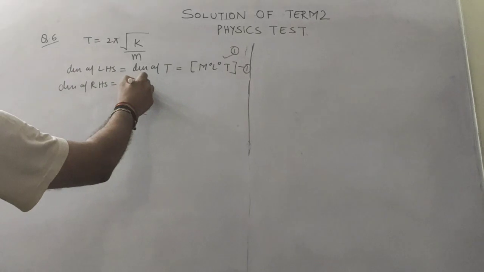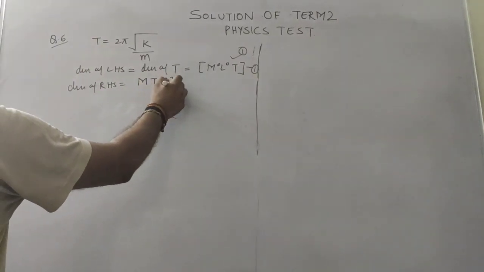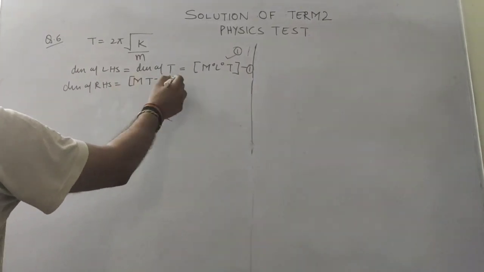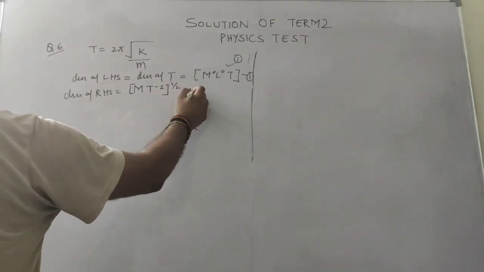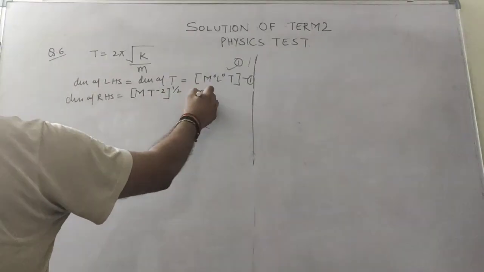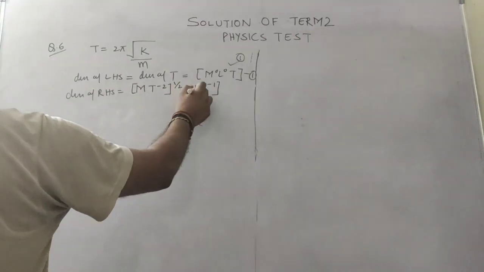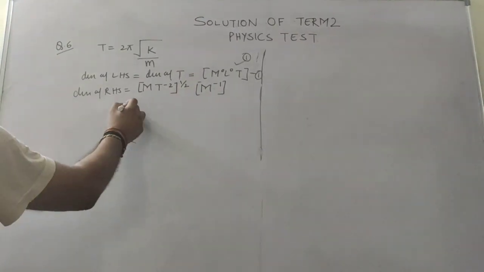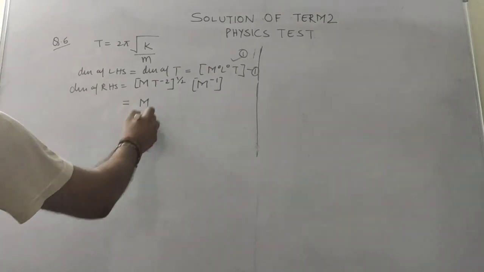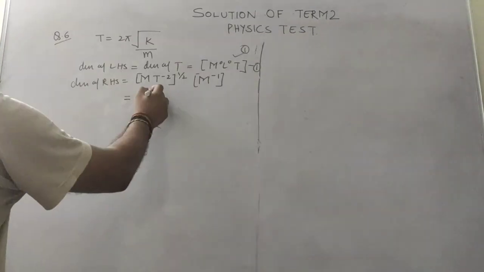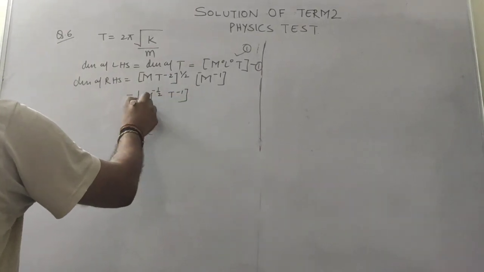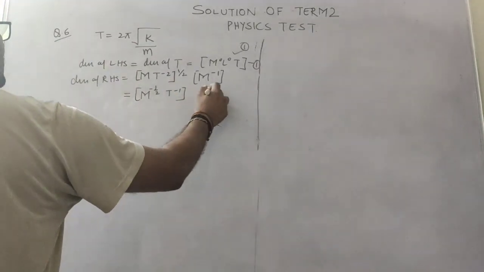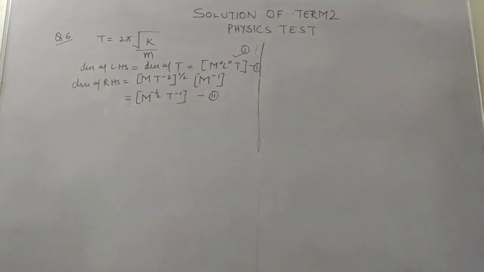Force per unit length is MT⁻². Because it is under root, so it is to the power half, and divided by m, mass, so it is M⁻¹. So this becomes M⁻½T⁻¹. This is equation number 2.